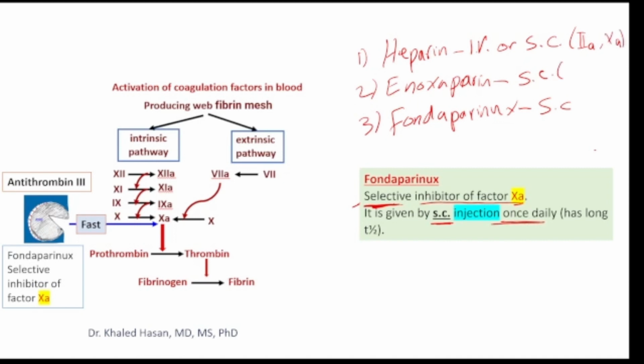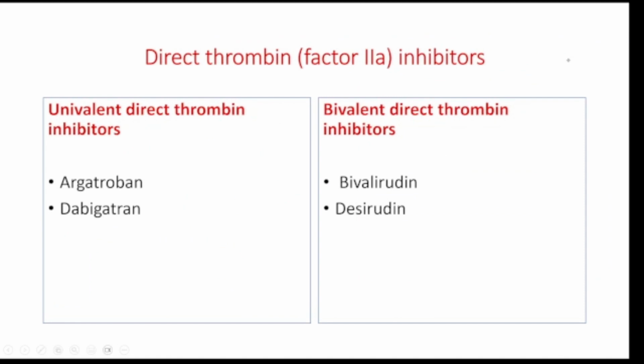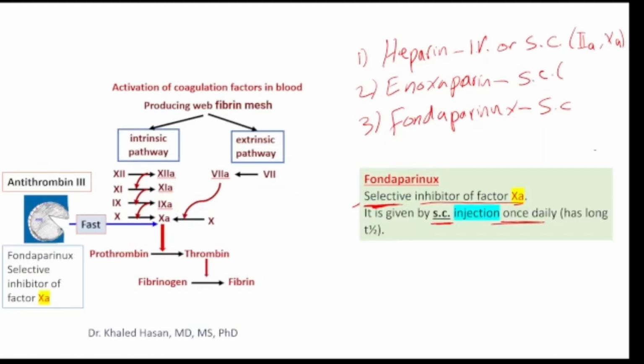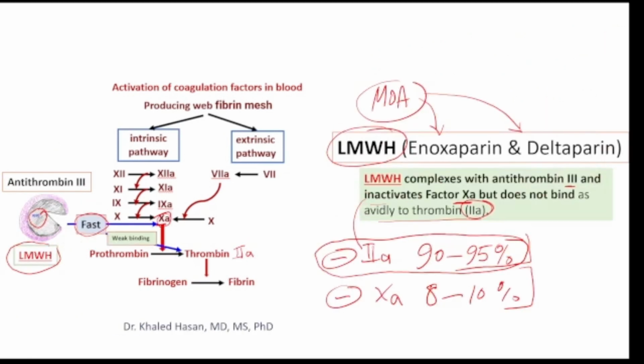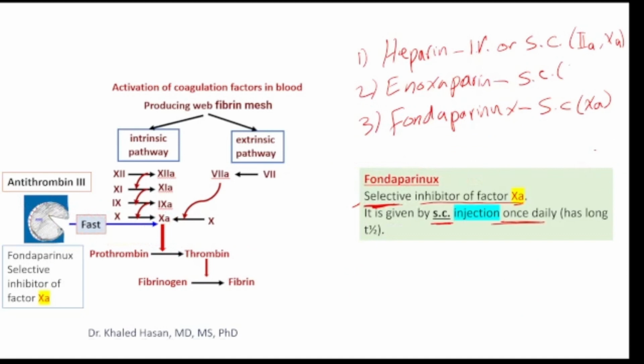Fondaparinux mainly affects factor 10A. Number 2, enoxaparin, mainly 2A and a little bit of 10A.